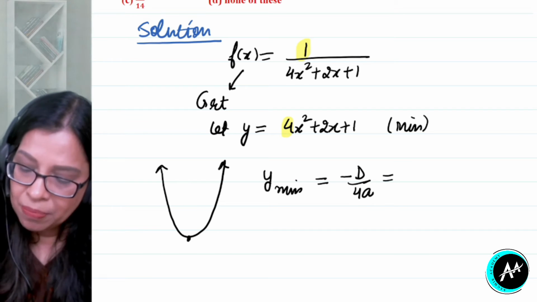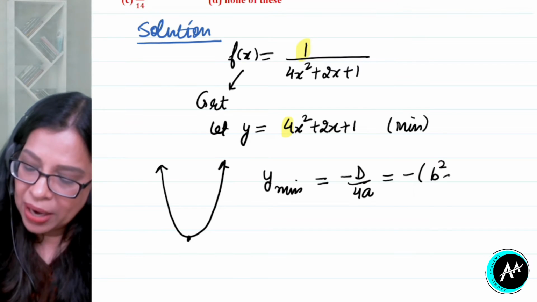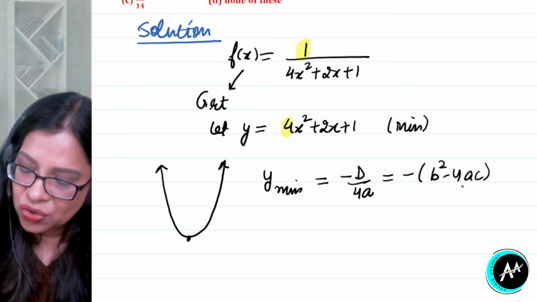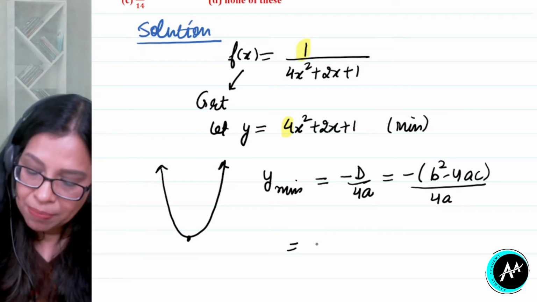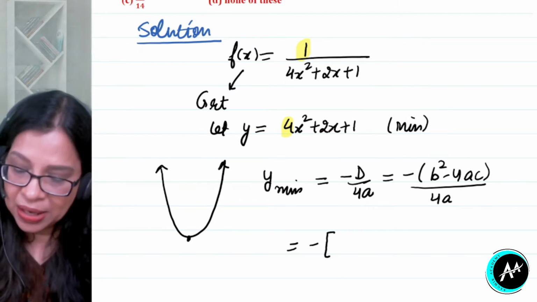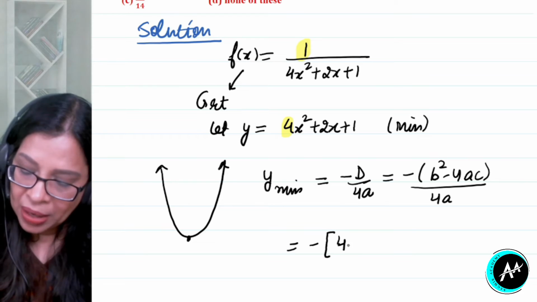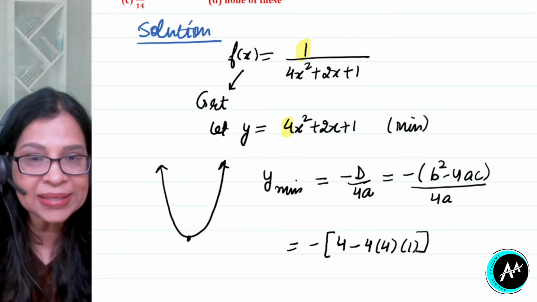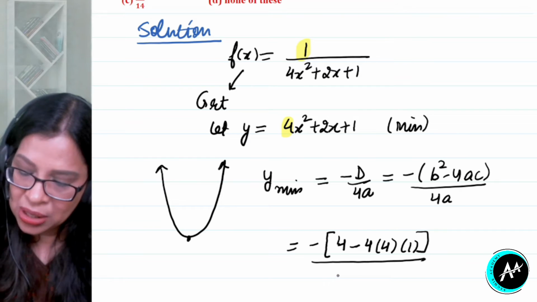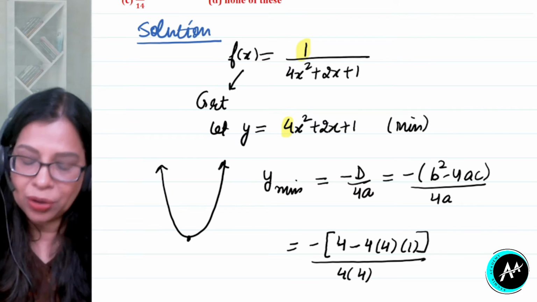What was d? d is b square minus 4ac. Alright, minus of this divided by 4a. Now let us put the values. Minus of coefficient of x, b is 2, so I have 4. Minus 4 into a is 4 into c is 1, as you can see in the quadratic expression, and divided by 4 into 4.